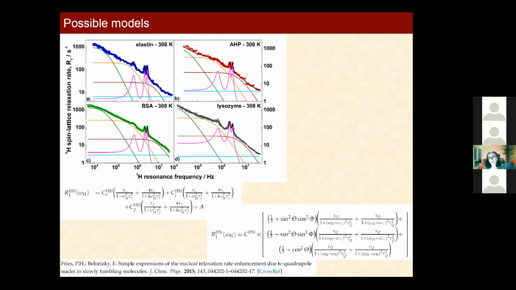It includes some angles which describe the orientation of the proton-nitrogen dipole-dipole axis with respect to the principal axis system of the electric field gradient at the position of the nitrogen nucleus. So it's somehow related to the geometry. There's the amplitude, the proton-nitrogen dipole-dipole coupling, which includes the proton-nitrogen distance, power 6, by the way.